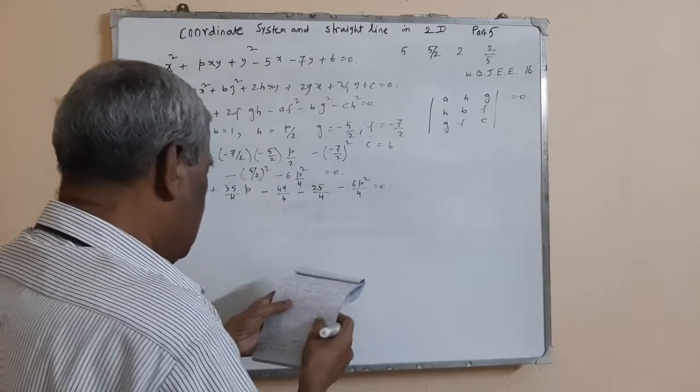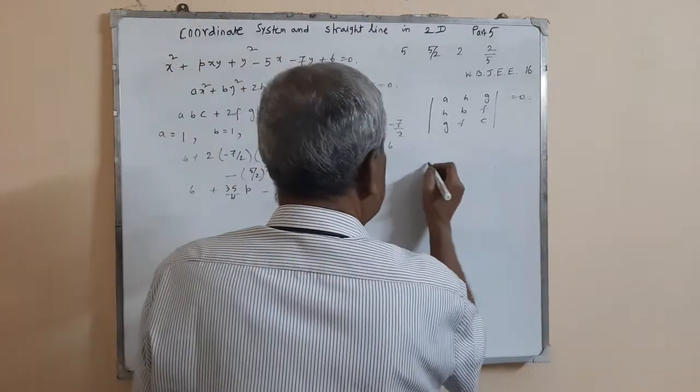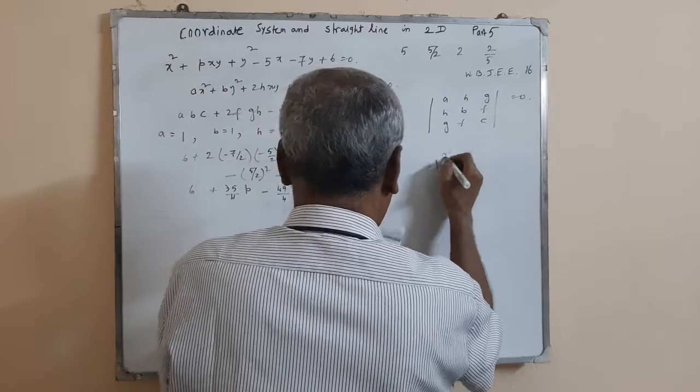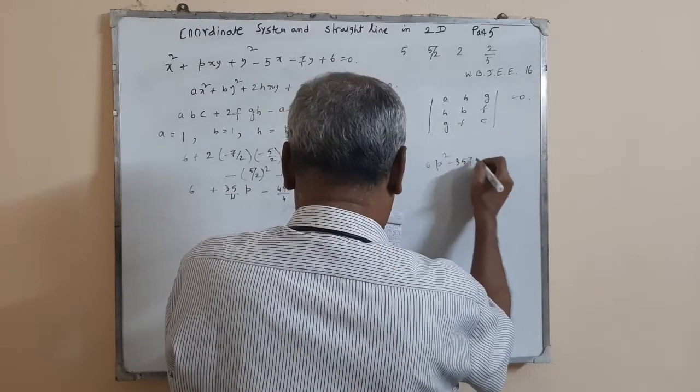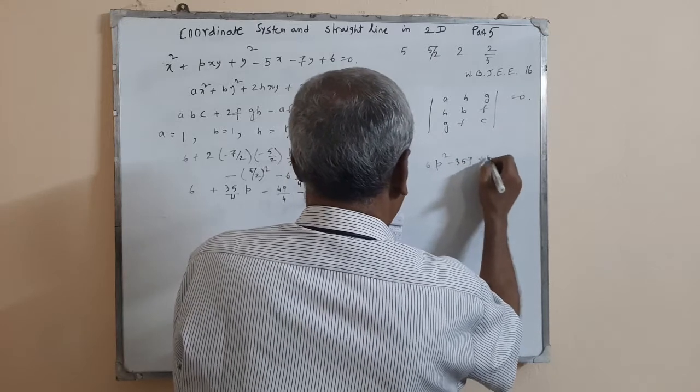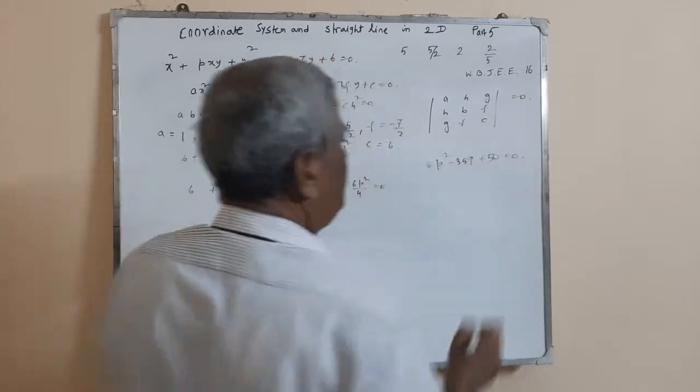After simplification, this becomes 6P square minus 35P plus 50 is equal to 0.